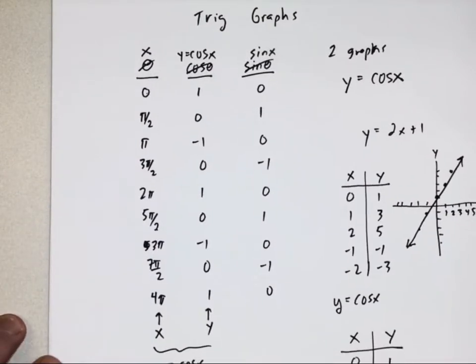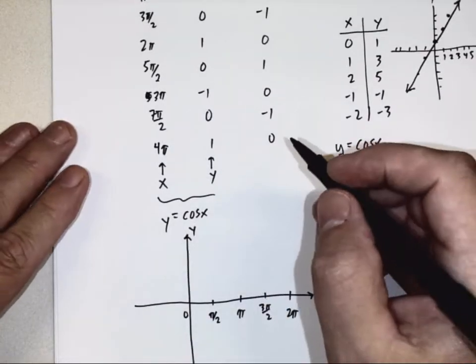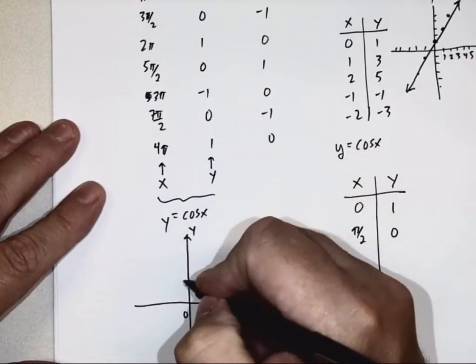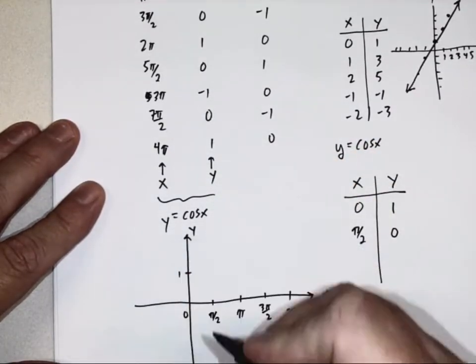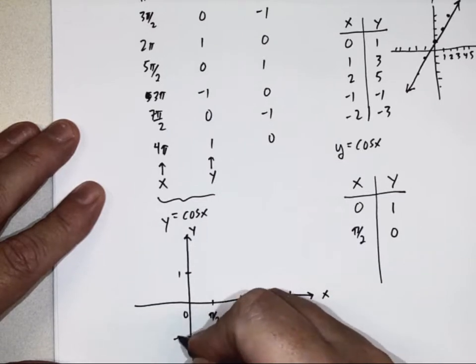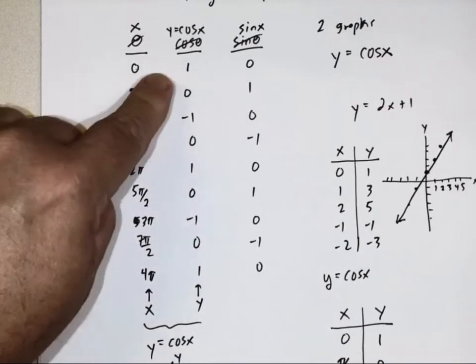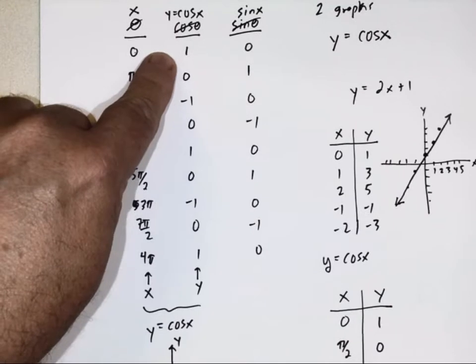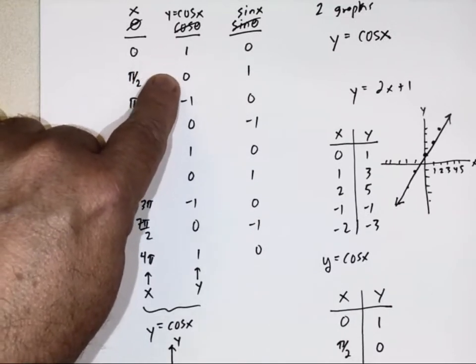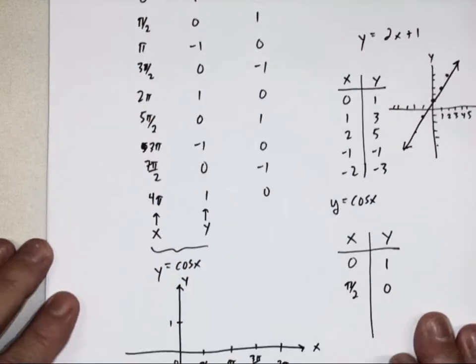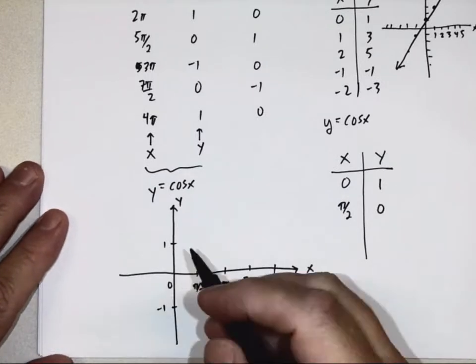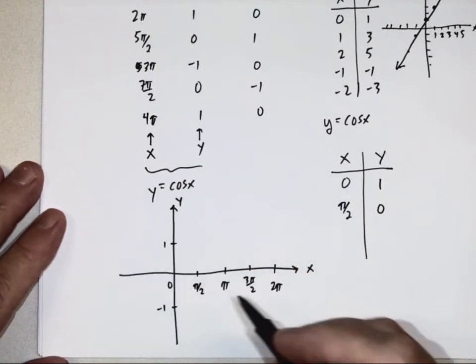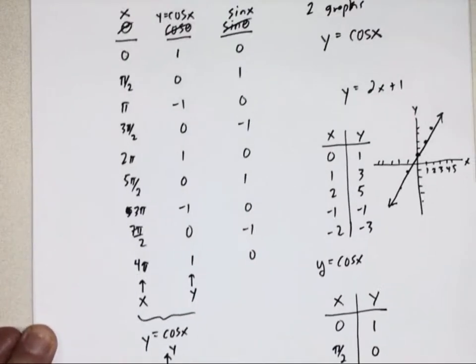That's what my x's are here. Now I notice with my values of y, it goes between 1 and 0 and minus 1. So for my y-axis, I'll just have 0, 1, and minus 1. And now I'm going to go plot these points.